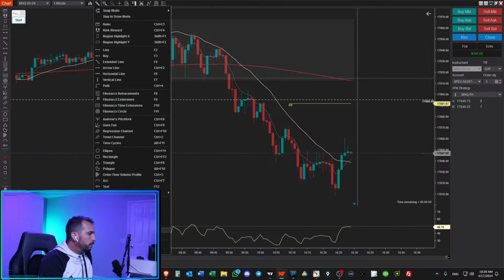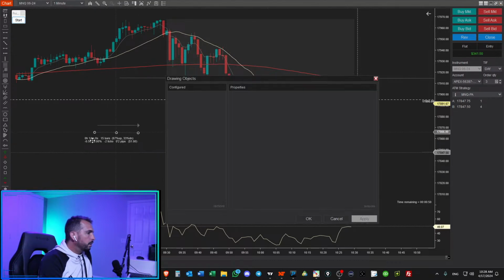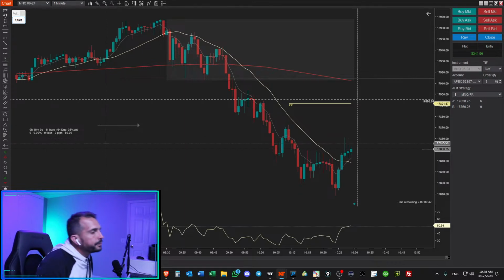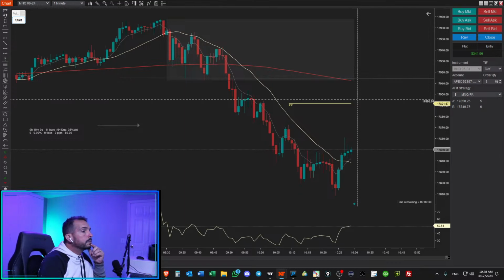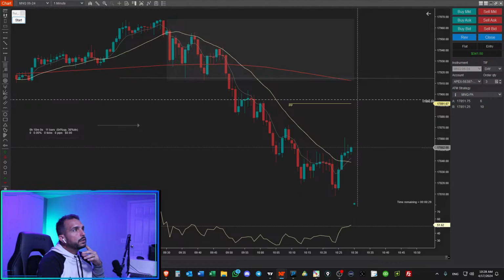Let me leave this arrow here as well, just in case I need to use the measuring tool right there. All right. So 1, 2, 3, 4, 5, 6, about 8 trades, 3 trades.